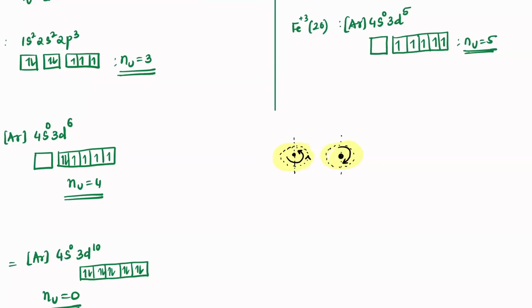Sorry, I wrote both as clockwise here. Let me write anti-clockwise. Yes, it's anti-clockwise only. So you will have a clockwise spin like this, and this is how the flow direction of the electron's field is, and this is the direction of the other electron's field.